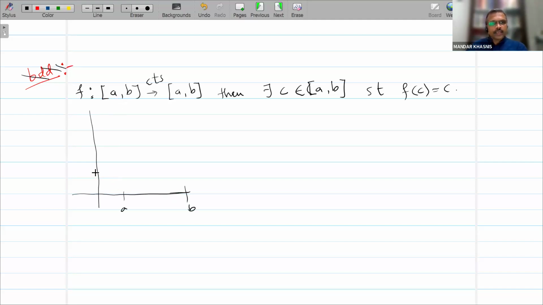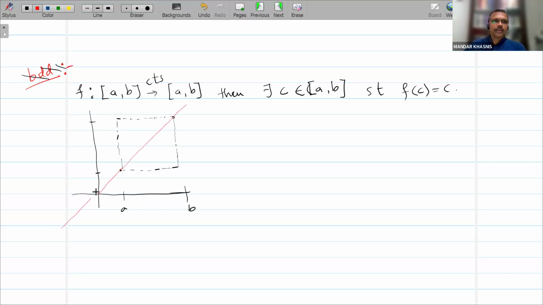So you have the interval [a, b] to [a, b]. This is the point (a, a), and this is the point (b, b), and the whole graph is going to lie in this region only. Now you have the line y equal to x, by the way.